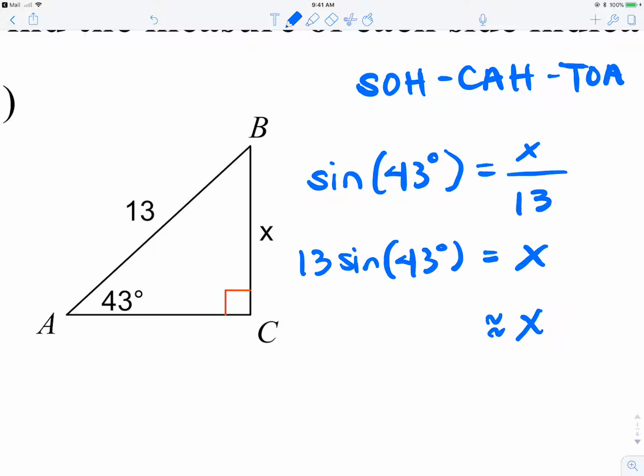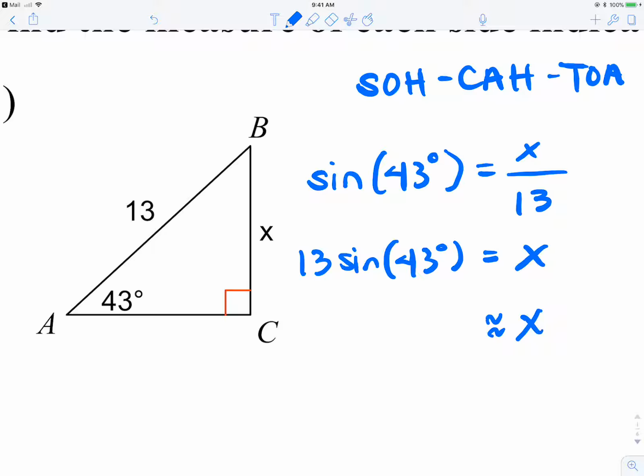Because we are in degrees, make sure to hit your mode button and check that in row 4, degrees is highlighted. If we were in radians, we would want to make sure radians is highlighted.